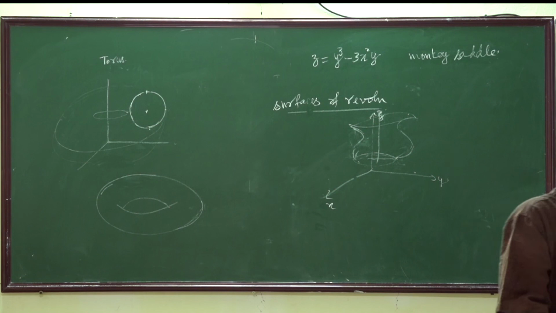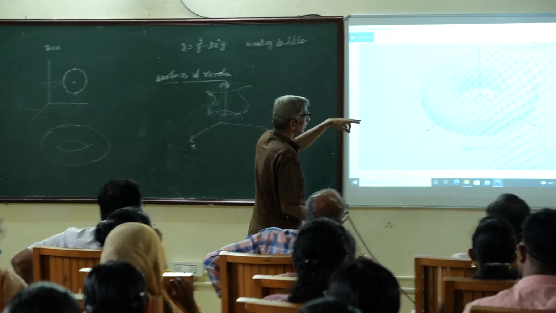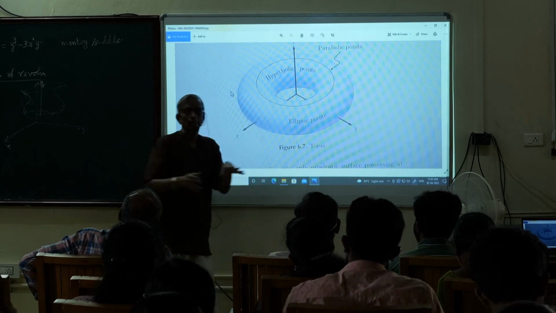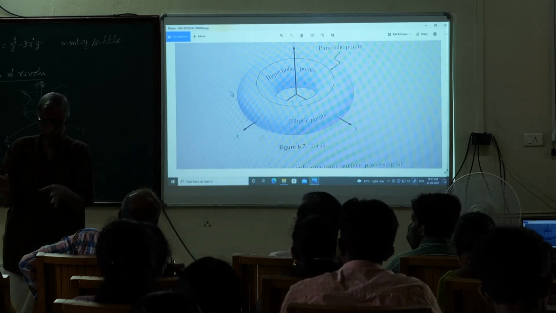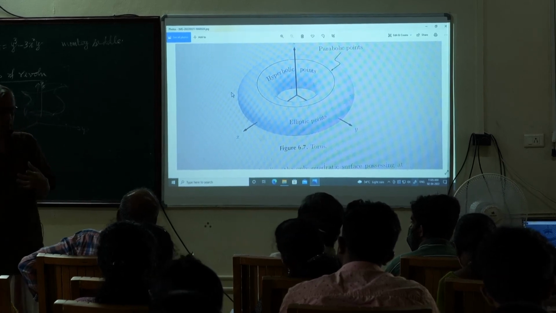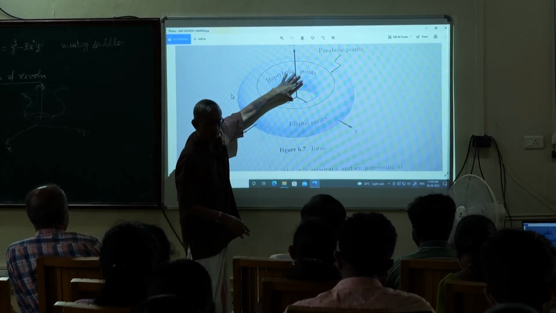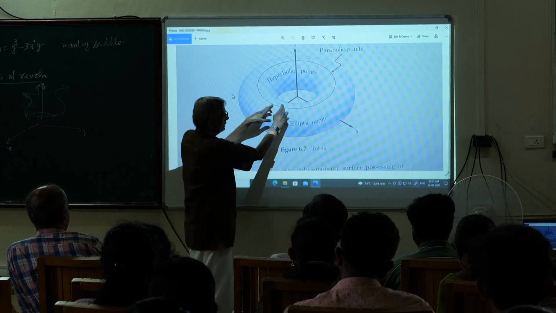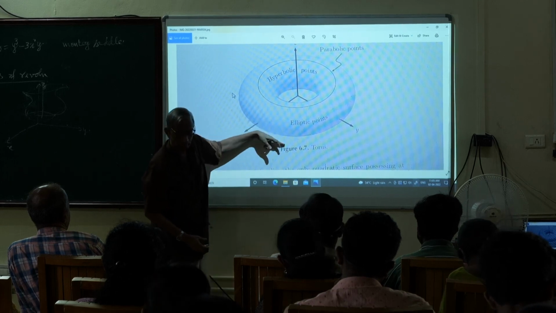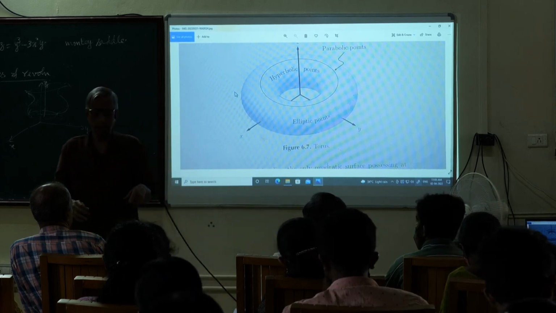When we come to curvature, we will come back to this. These two circles essentially divide the torus into three distinct regions. One, the inner region, the other, the outer one, and of course the circles themselves.